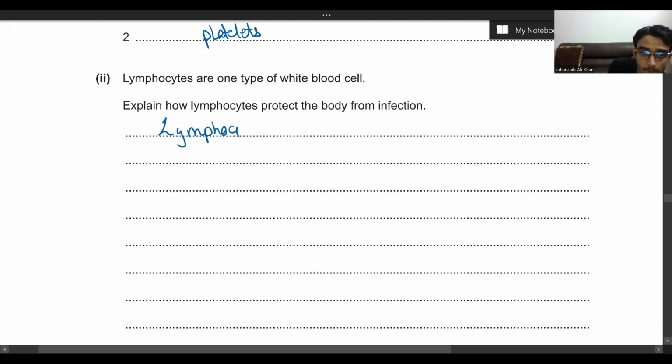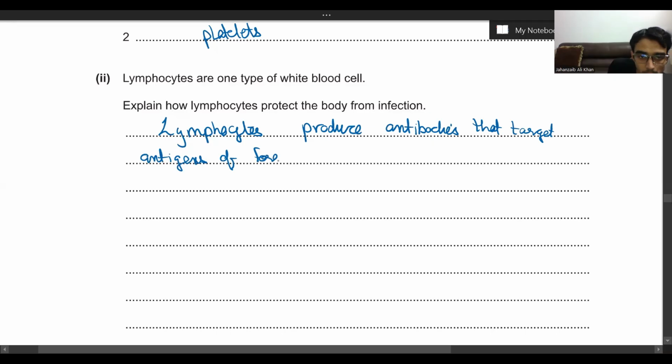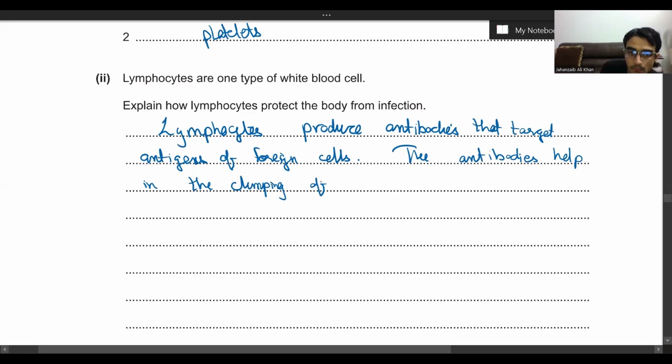Lymphocytes produce antibodies that target pathogen cells, aiding in clumping and phagocytosis.